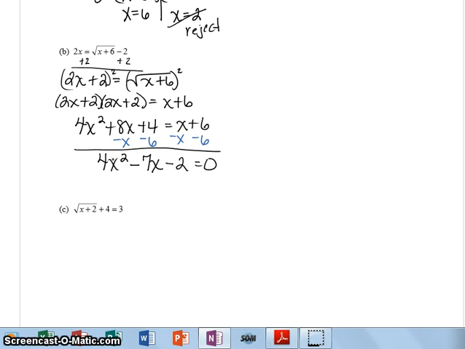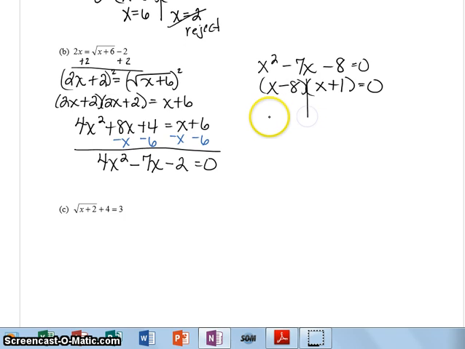Okay, I'm going to slip and slide it, so I slide out the 4, and I'm left with x squared minus 7x minus 8. Okay, so now I'm going to factor that. I'm going to say what multiplies to a negative 8, but would add to a negative 7, and I get negative 8 and positive 1.